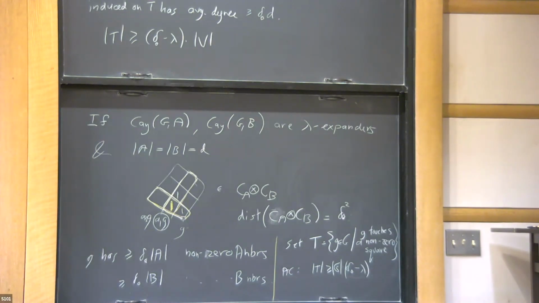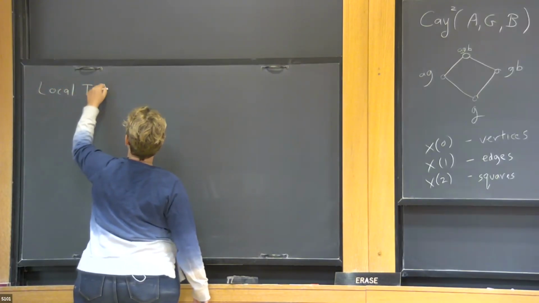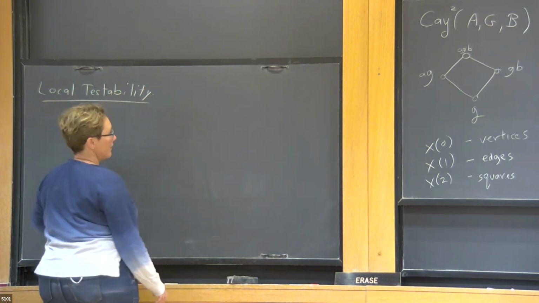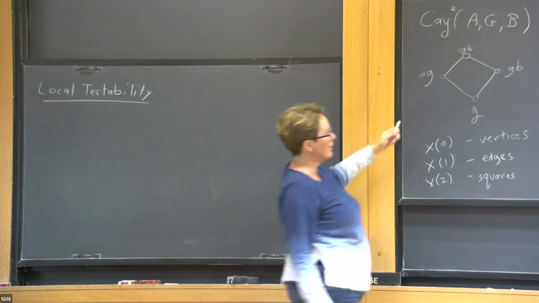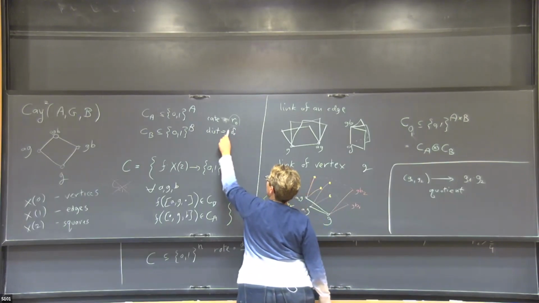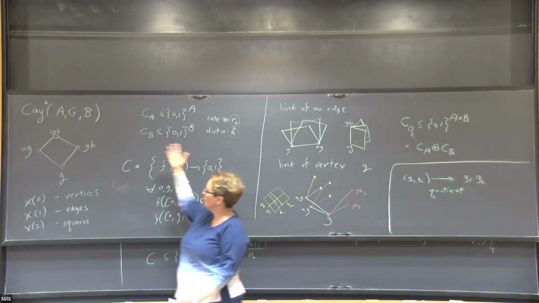All right, so I want to now move to the local testability. So far, what have we seen? We saw that if the rate is bigger than 3/4, and if delta naught has some relation to lambda, so we really only have 2 objects.